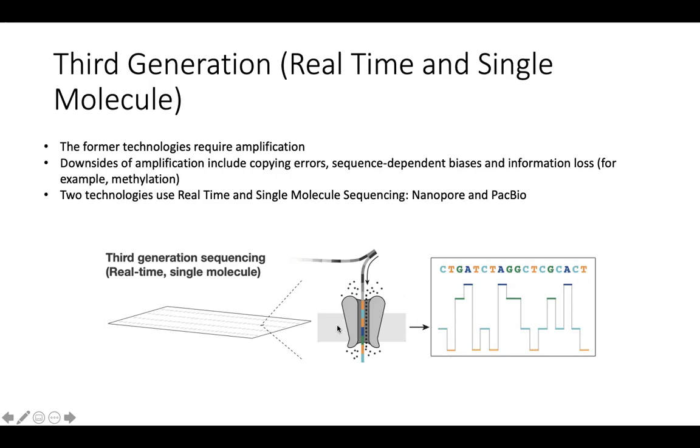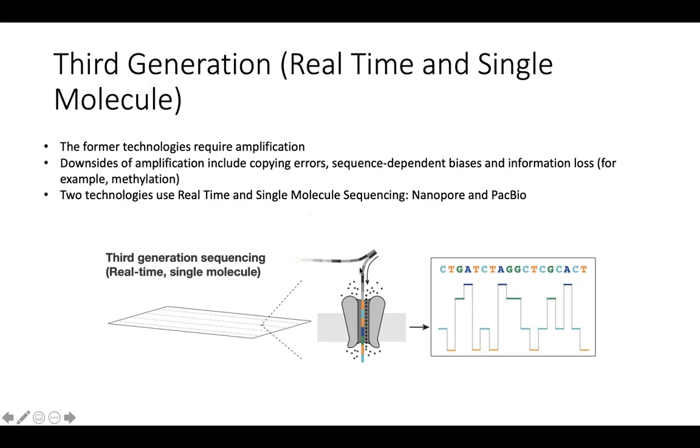And therefore, it is possible to record what the sequencing signal is from a base that is methylated and a base that is not methylated. So that's one of the differences and advantages of Nanopore, of this third generation compared to the second generation.